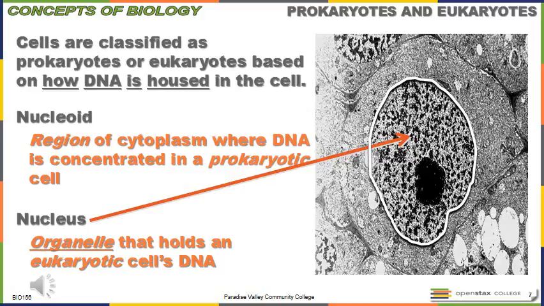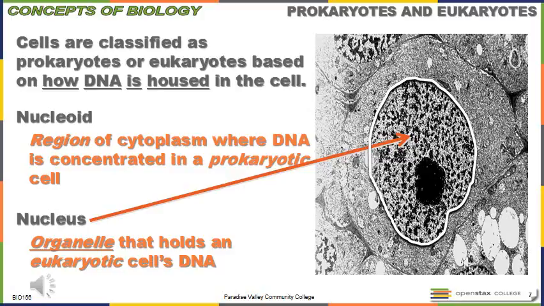So this whole structure here is your eukaryotic DNA organelle. It's your nucleus. The nucleus is the organelle. And then the dark circle there in the lower right portion of that organelle is the nucleolus, and that's just another region of the DNA.